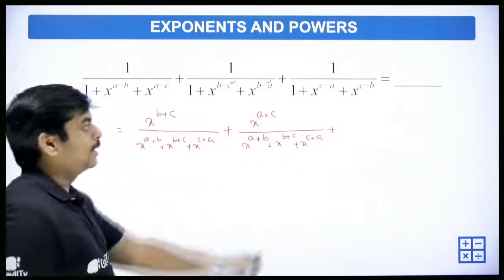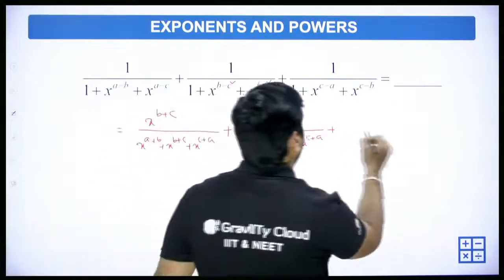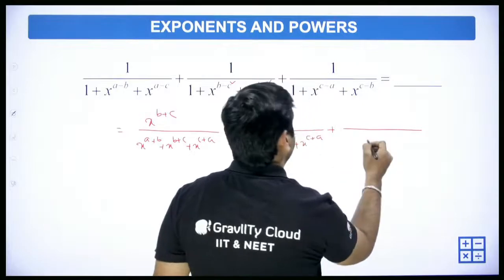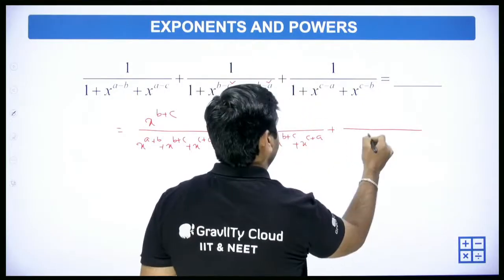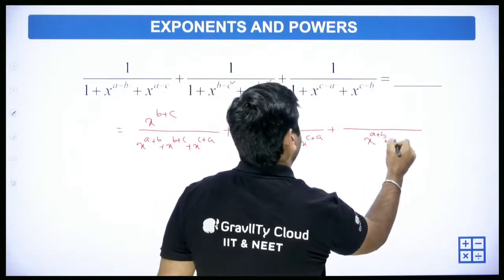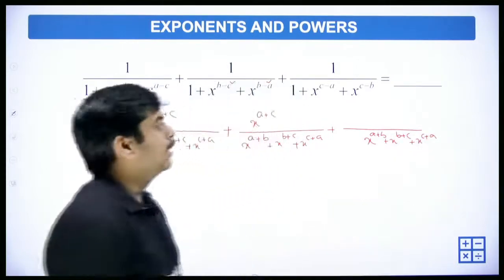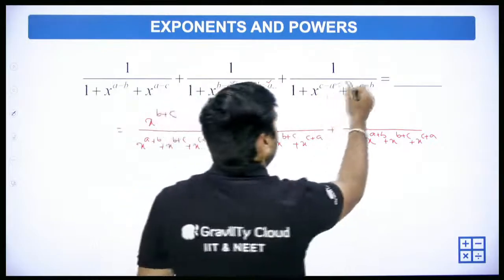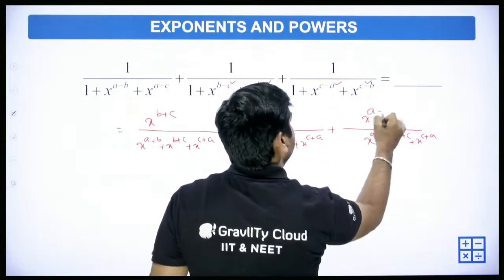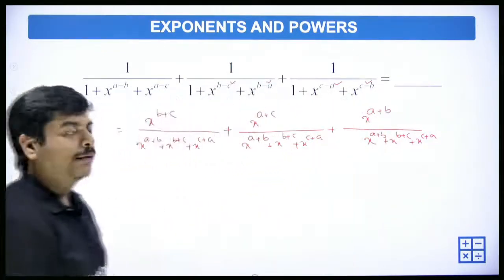Plus, in the numerator we have a and b, so it is x power a plus b, again with the same denominator.